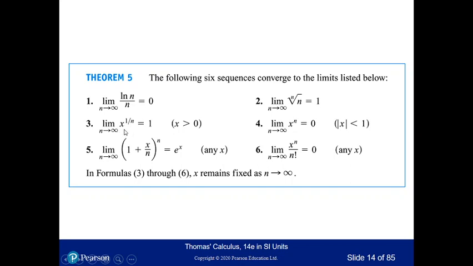For example, here we have x, so it's kind of confusing for us. Consider x an arbitrary number, let's say 2 to the 1 over n, right? Consider f of x as 2 to the x, alright?